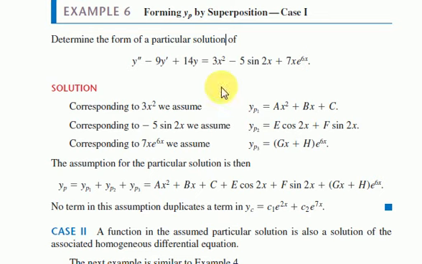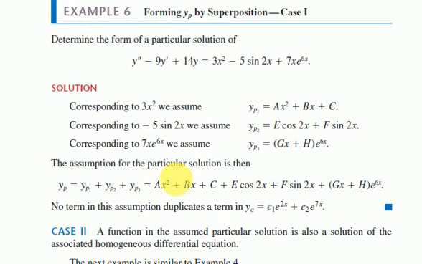The third term is exponential, so corresponding to 7x e raised to power 6x, we assume yp as gx plus h into e raised to power 6x, as x is the linear term, so we assume a linear term into e raised to whatever power is given. So this is yp1 for this term, yp2 for this term, and yp3 for this term. We assume these separately, but the combination of these three gives the resultant particular solution, which is yp is equal to yp1 plus yp2 plus yp3.